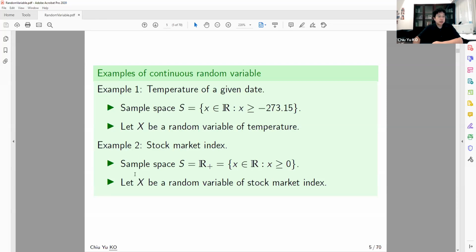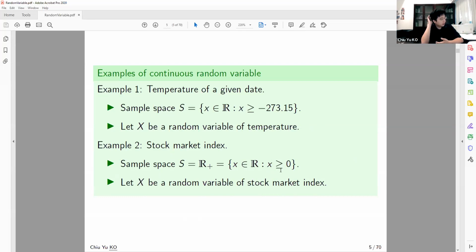So you can see in this particular case, the sample space is already very simplified. You can imagine the sample space can be like the stock market. There are many stocks, and each stock has one number.